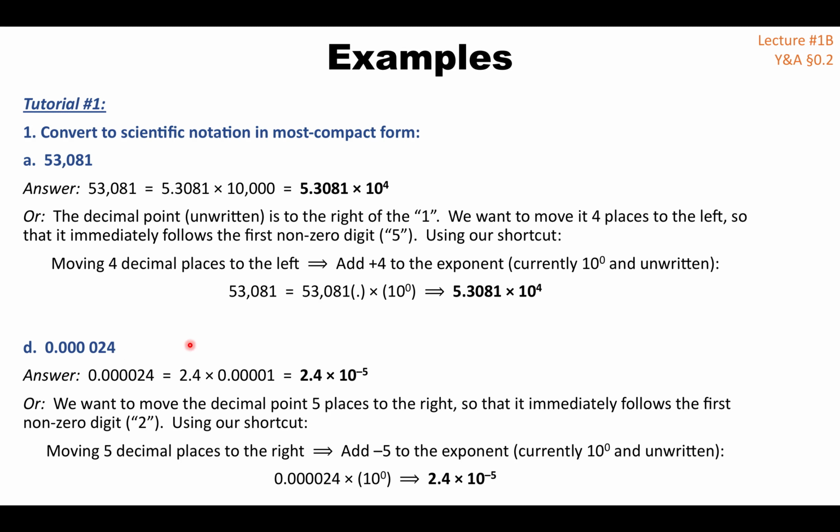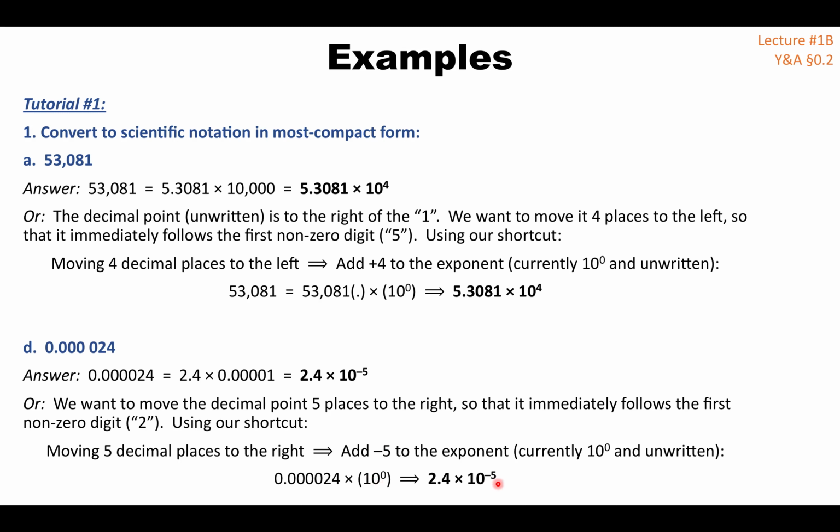Here the decimal point is actually visible, so we know where it is, and over here to the right there's an understood times 10 to the 0. I want to move my decimal point so it follows the first non-zero digit, just to the right of the 2. So that's 5 spots to the right.